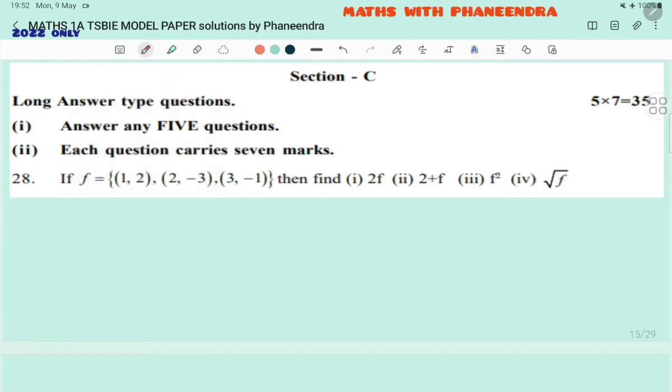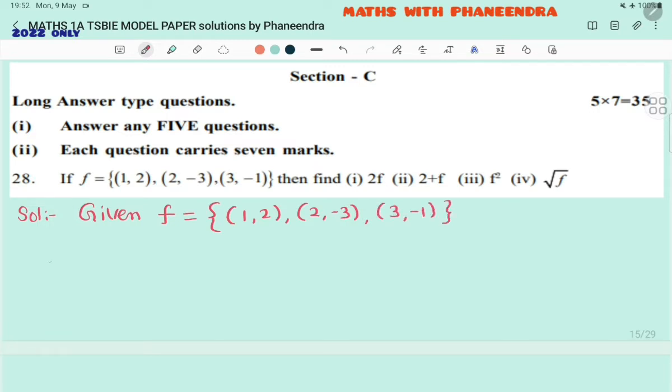We need to practice this type of questions. Simple questions, easy to get 7 marks in functions. So first, given f, we have to write it. Given f = {(1, 2), (2, -3), (3, -1)}.